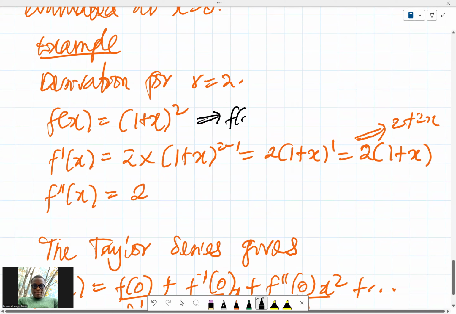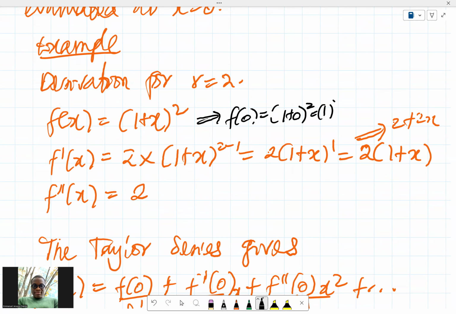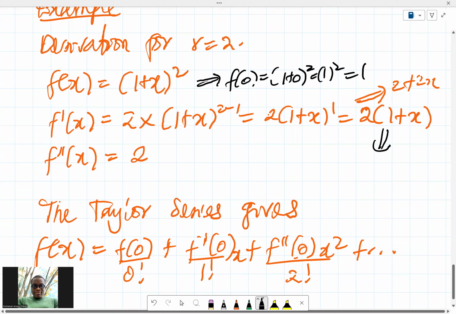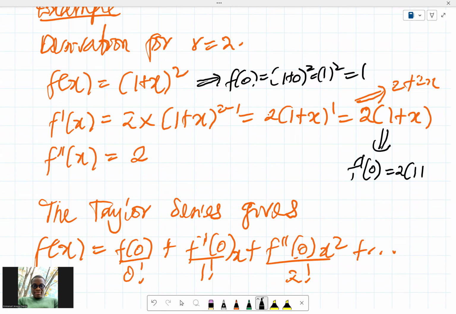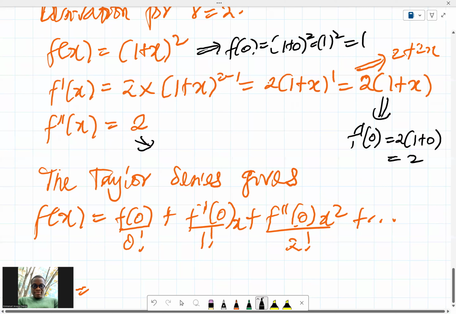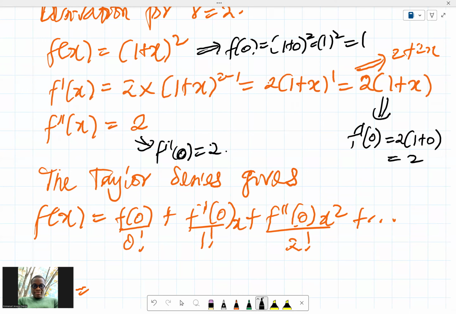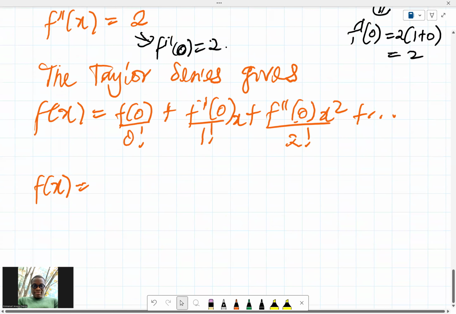So f evaluated at 0, that's simply 1 plus 0 squared. That is 1 squared, which is simply 1. Then f prime of 0 is 2 into 1 plus 0, and that's simply 2. Then the second derivative is also just 2.